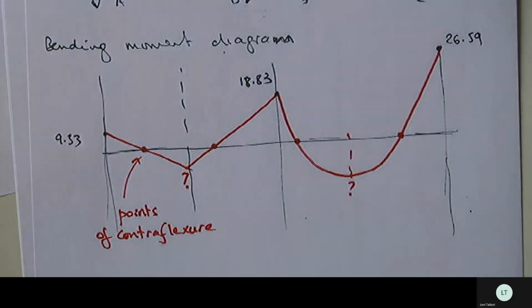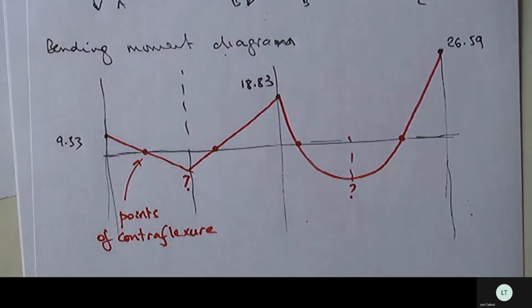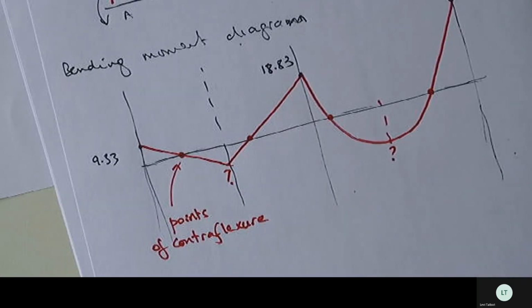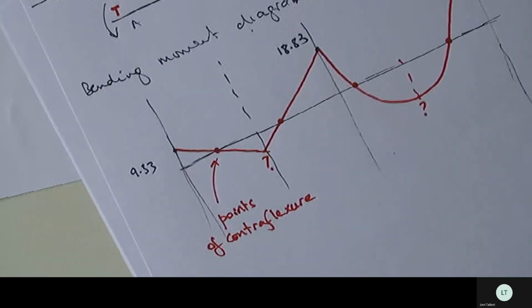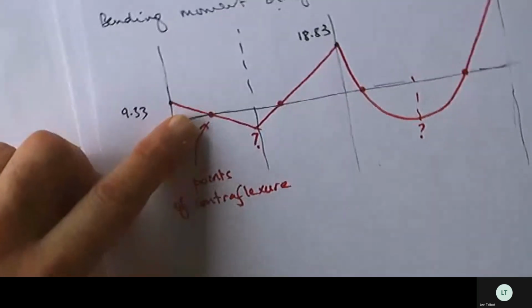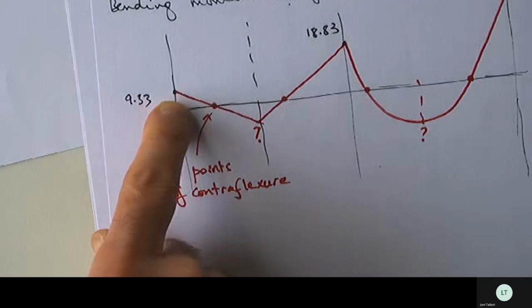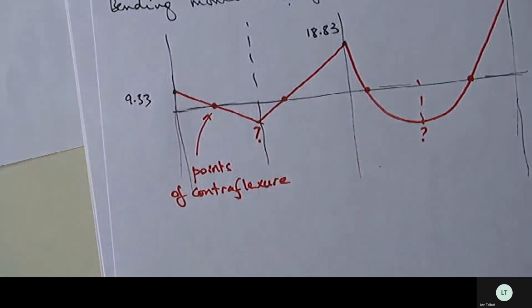What does it mean, point of contraflexion? The point of contraflexion is the point where the curvature of the beam changes from tension to compression. So we call it a point of contraflexion.